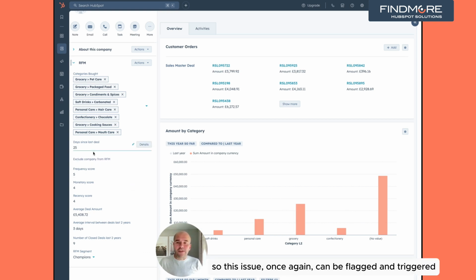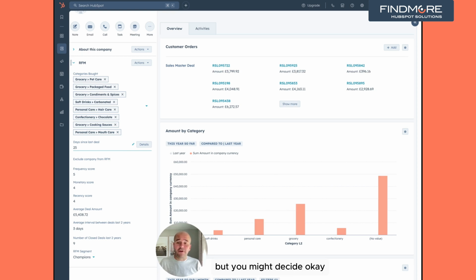This issue, once again, can be flagged and trigger some type of action. Imagine that you have a very large organization and you don't want your salespeople to be floating or acting upon all the customers that have this behavior.